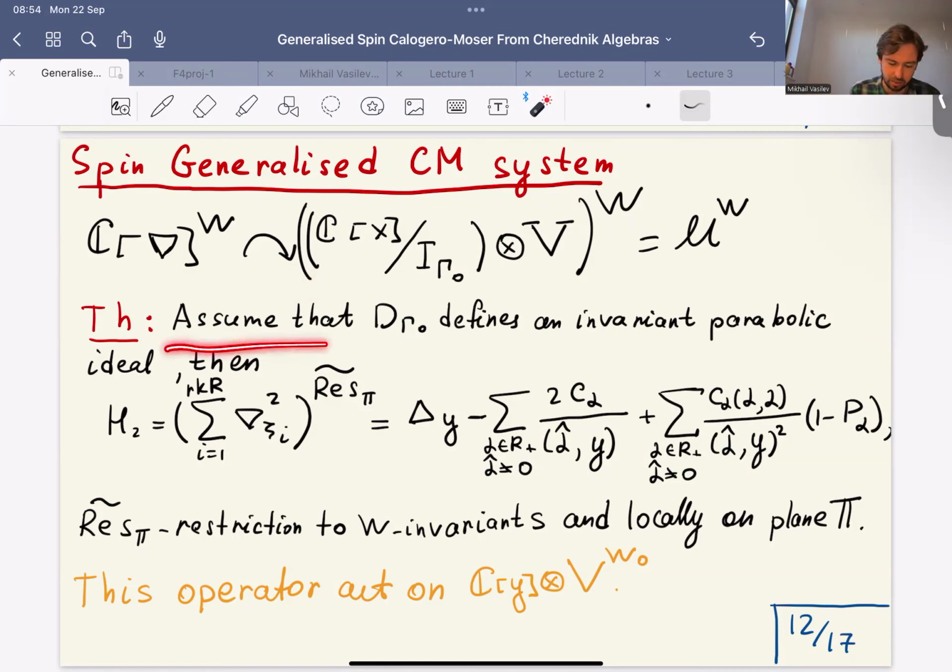The theorem we proved is that if we assume that this gamma naught, which is a union of planes, defines an invariant parabolic ideal, then there is a generalized restriction procedure which says how to compute. There should be a derivative here. The resulting formula is that we obtain the Laplace operator on the plane pi, we obtain the scalar part, which is some polynomial, and we obtain a spin part.